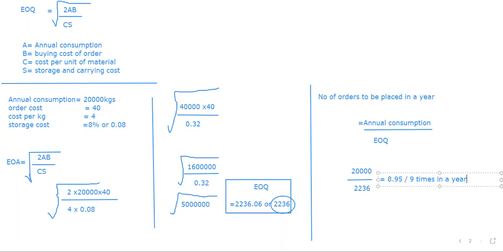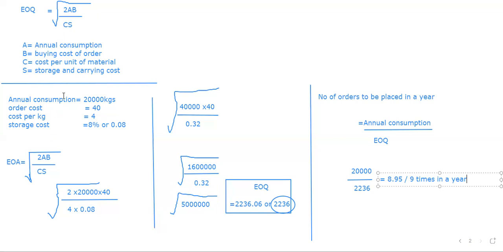So remember, whatever the two problems I have taught you, it is all about the formula. Every piece of information is going to be provided by default. The only thing you have to learn by heart is the formula.